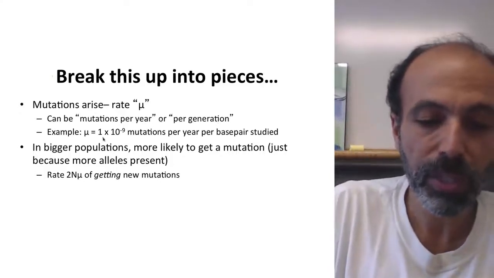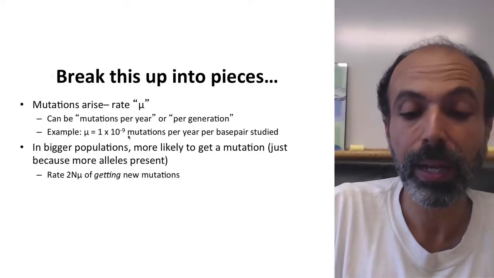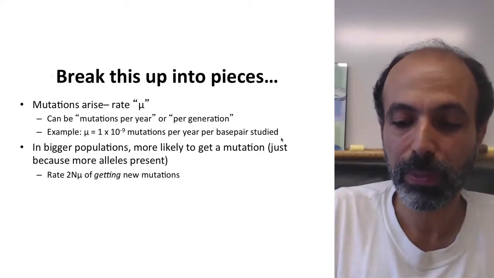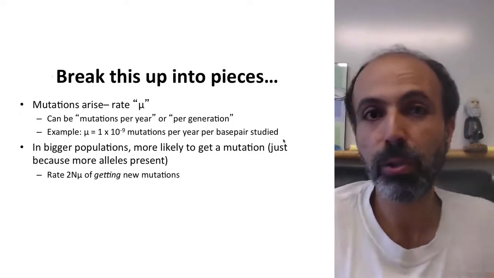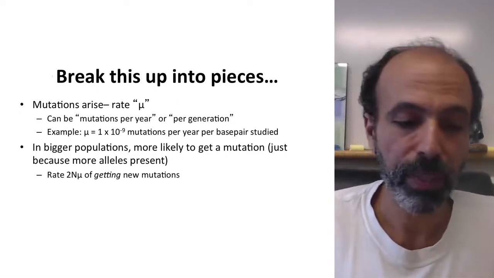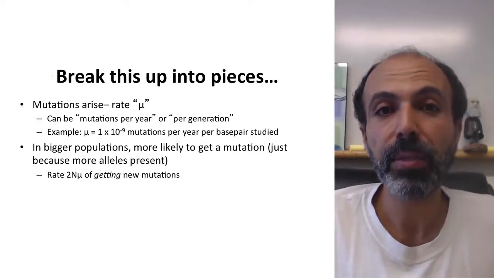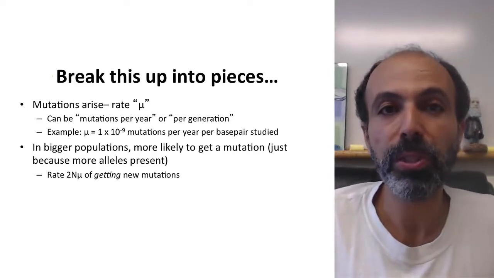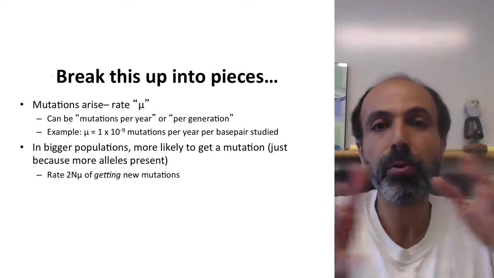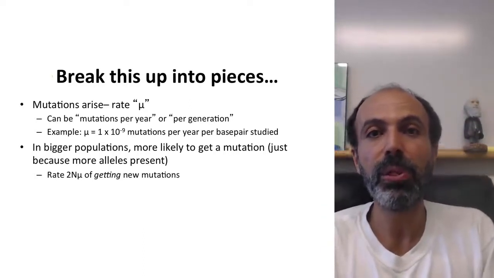So let's imagine that our mutation rate is 1 times 10 to the minus 9 mutations per year per base pair studied. That's not a crazy estimate. That's about what you'd expect to see. Now, in larger populations, you're more likely to get the mutation simply because there's more alleles present. Every chromosome out there has some probability of getting the mutation.